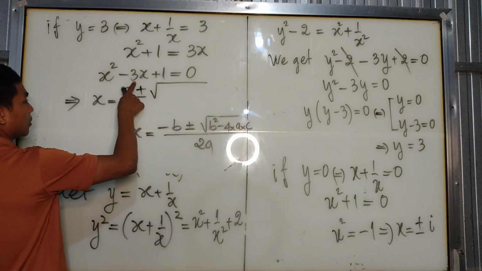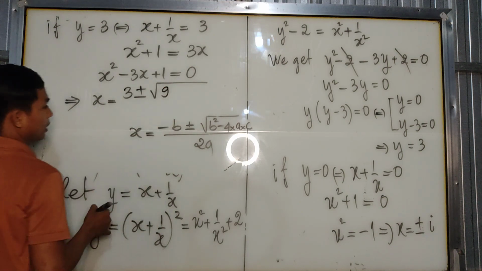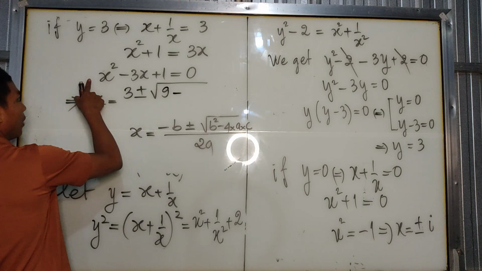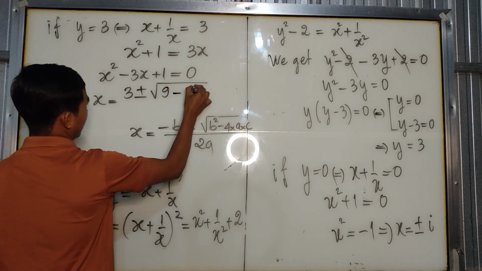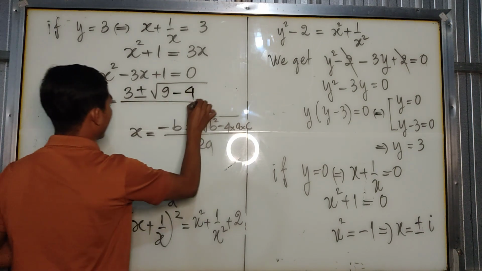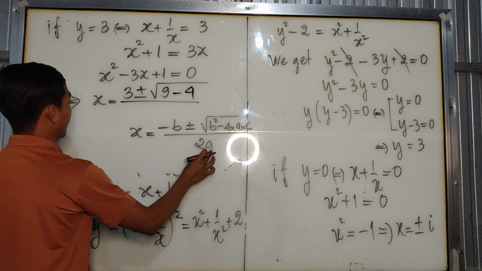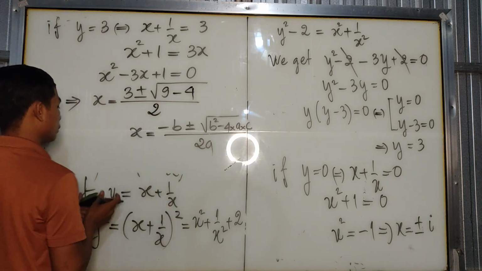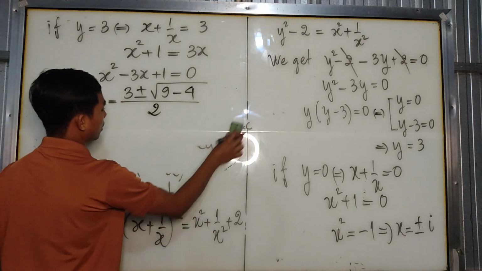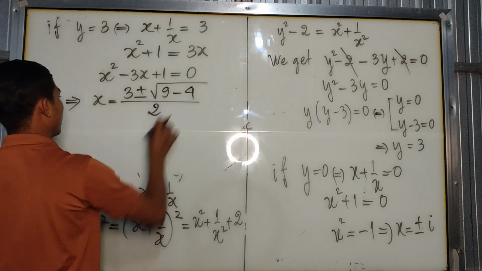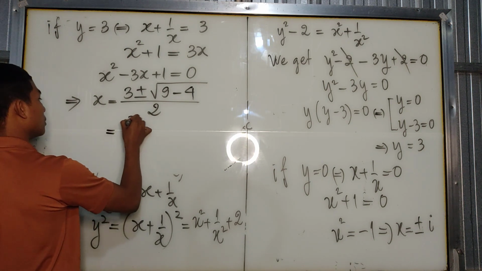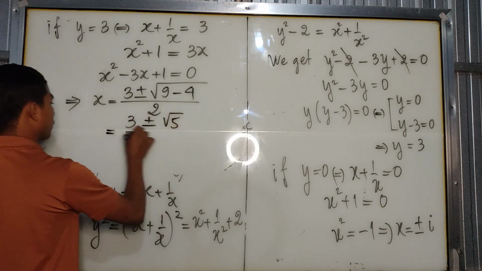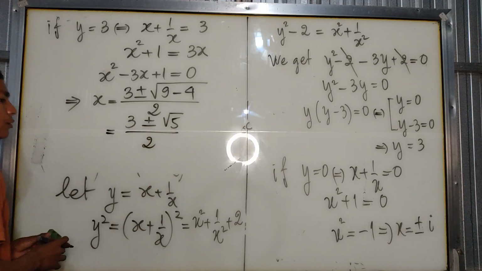Minus 3 squared, we get 9, and minus 4 multiplied by 1 multiplied by 1, so we get 4, divided by 2 multiplied by a. A is equal to 1, so we get 2. Okay, now 9 minus 4 is 5, so we get 3 plus or minus square root 5, divided by 2.